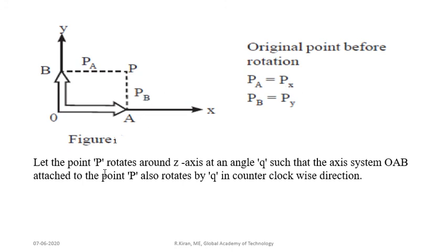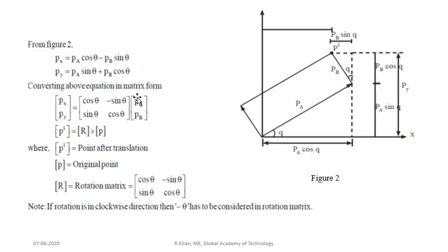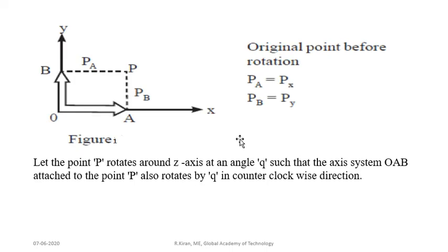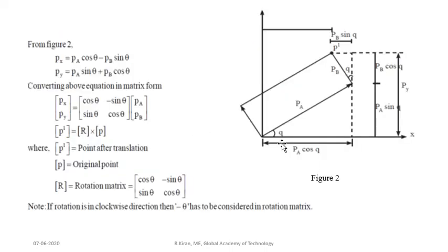So let this point P rotate at an angle Q such that the axis OAB, which is attached to the point P, is also rotated by an amount Q in the counterclockwise direction, which can be seen in this particular figure. So here when the point P is rotated by an amount Q, even the axis OAB will also be tilted by an amount Q in the counterclockwise direction.